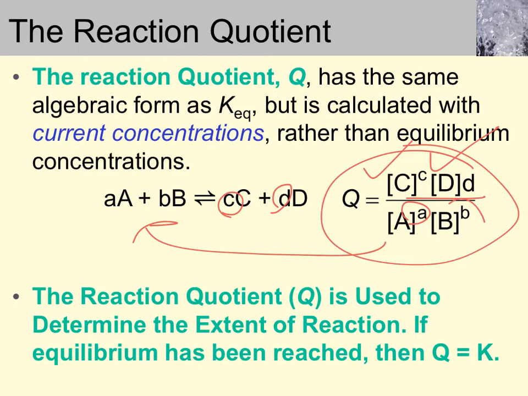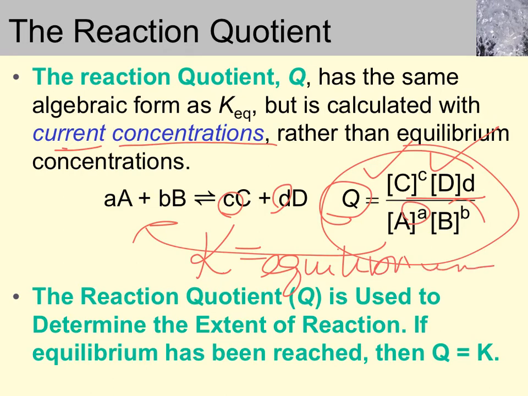The difference between Q and K is that the concentrations used to calculate Q are the concentrations of reactants and products at any point in the reaction. Remember that when you're calculating K, the equilibrium constant, the concentrations must be those that exist at equilibrium only.